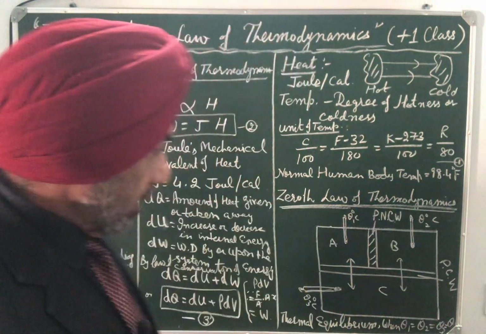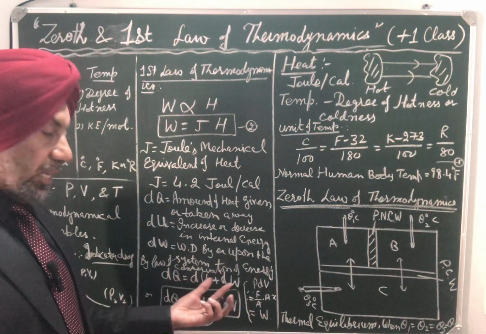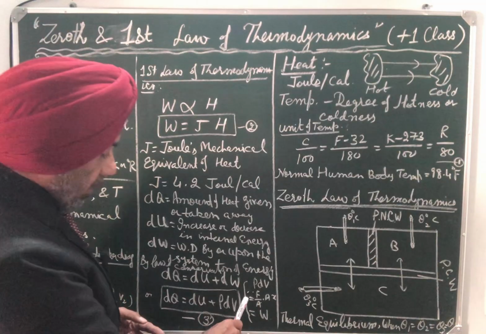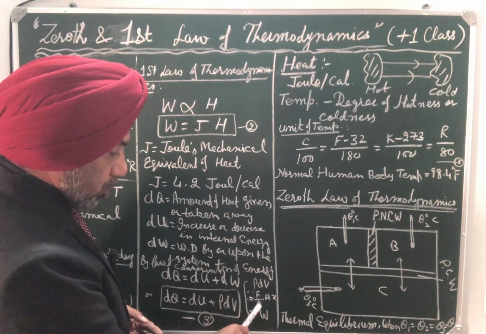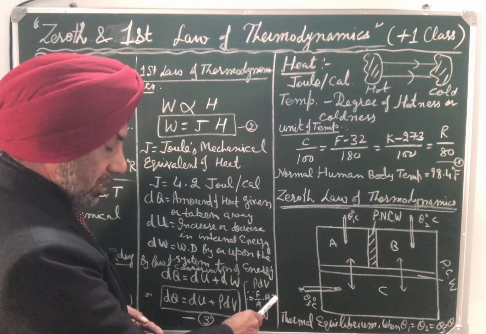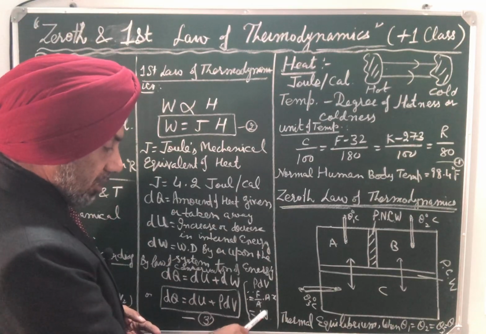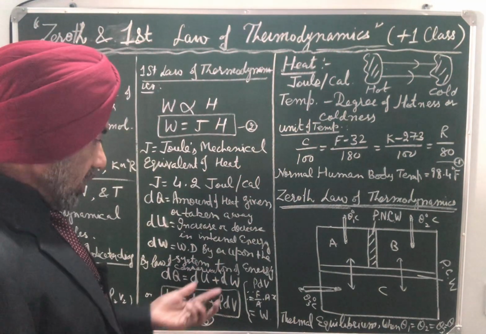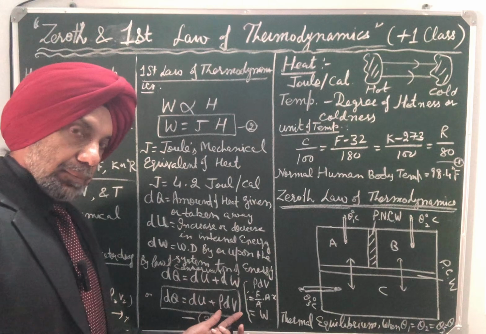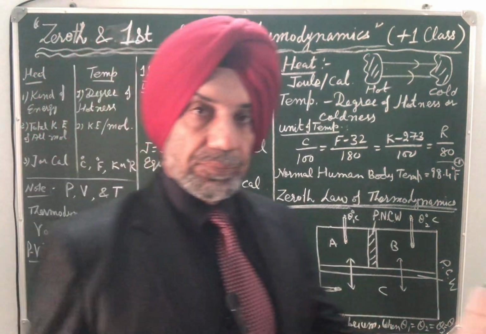So dq is equal to dU plus dW, or dW can be written as PdV, because pressure is force upon area, and volume is area into distance. So area cancels, and force into distance becomes work done. So dW can also be written as P into dV when there is a change in volume.